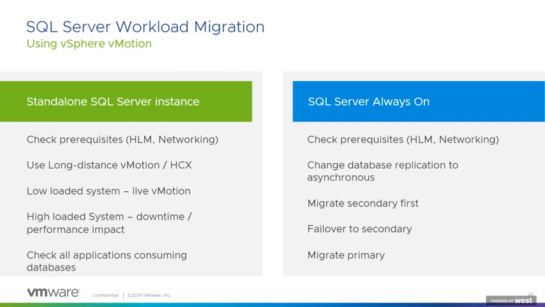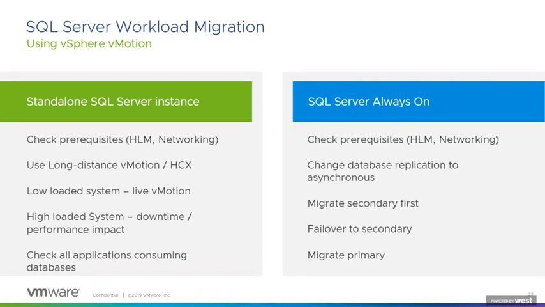For a high-loaded system, you might want to plan for downtime because vMotion might have a slight performance impact on your workload. And a very important thing is to check all applications consuming databases prior to vMotion and after moving to cloud, to ensure that all your application components are located inside of the same data center.